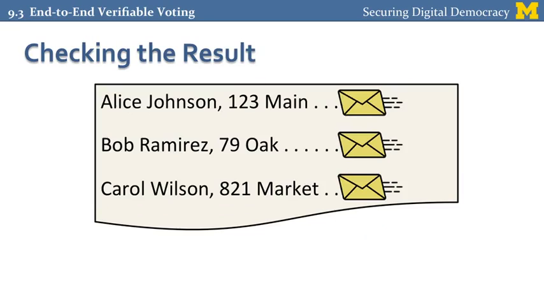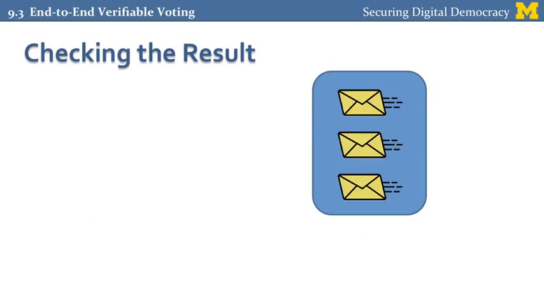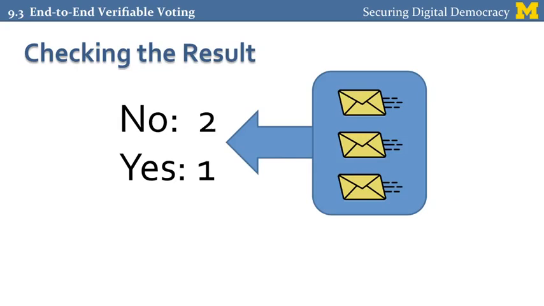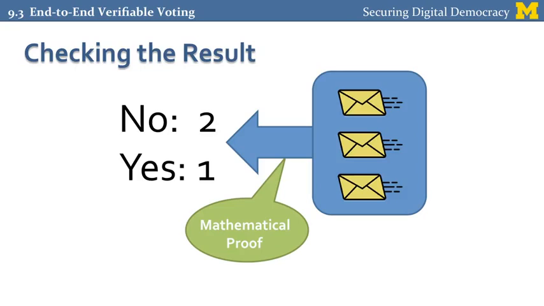The first thing you can check is that the election total is correct. And the way this happens is that you can take all of those encrypted ballots that were published in the paper and perform a mathematical proof that shows that they add up to whatever totals have been announced on election day. I'll show you a bit about how that works later.